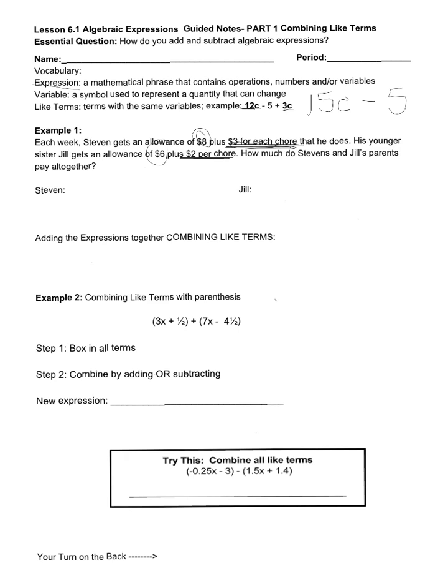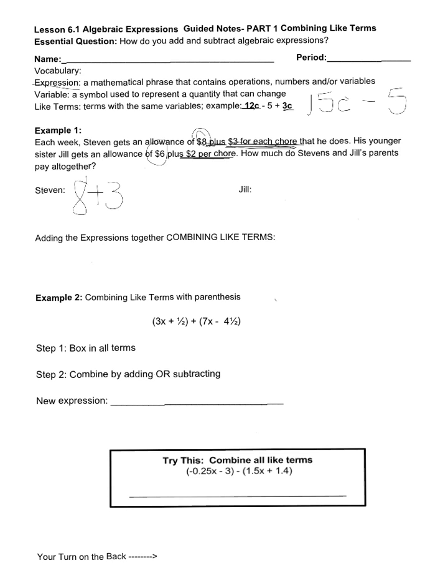So, to write an expression that represents Stephen, he automatically is going to get the $8 and then the $3 for each chore. Well, we're going to use a variable for that because the number of chores that he does each week can change. And we know that it's going to be addition because it tells us right here that it's $8 plus the $3 per chore.